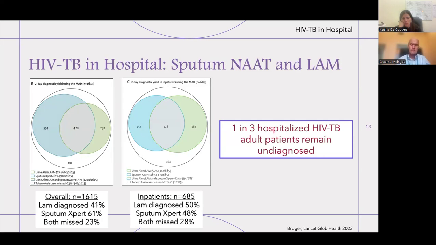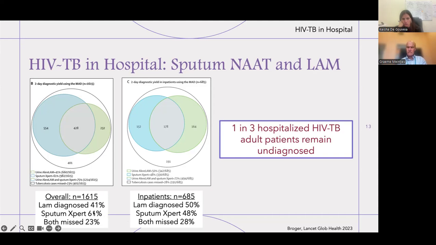This was a meta-analysis that looked at patients overall with regards to how many were being diagnosed with TB within the first 2 days after presentation. And then I'm showing here also the subset of inpatients. So overall, LAM was able to diagnose 41%, and this went up to around 50% in the inpatients, the LAM being the green circles here as part of this Venn diagram.